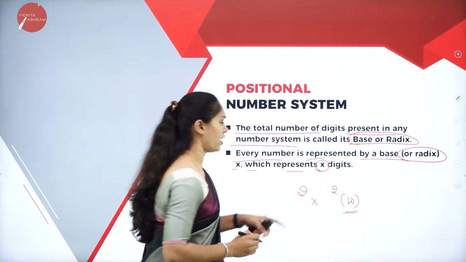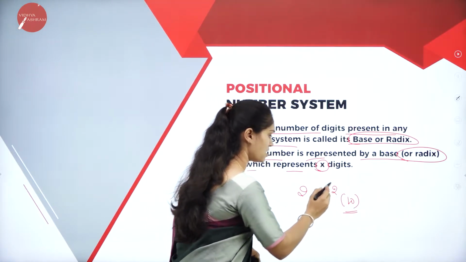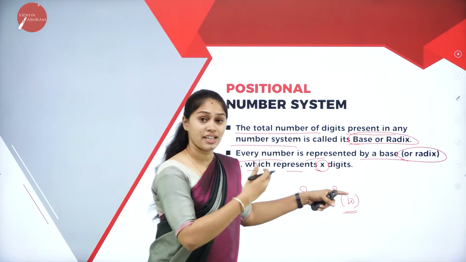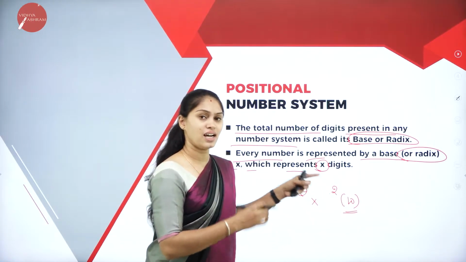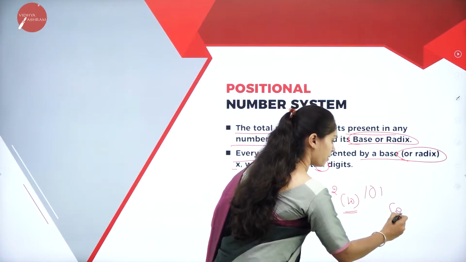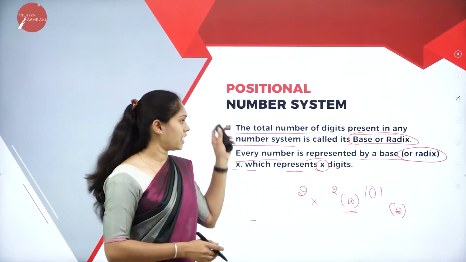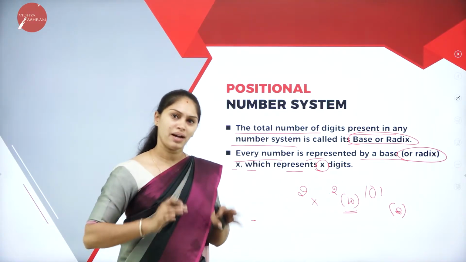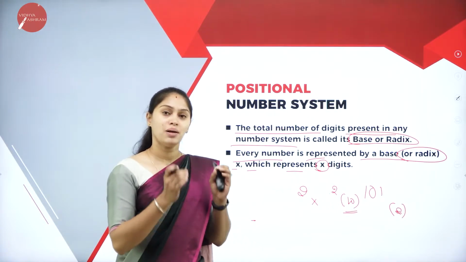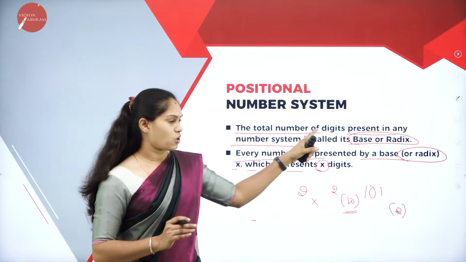This represents the base or radix: this number system consists of 10 different symbols or 10 different digits. For example, 101 with base 2 is the binary number system. I am going to make you understand each type of positional number system, but as of now you have to understand what is base or radix. It is the total number of digits present in a particular type of number system.